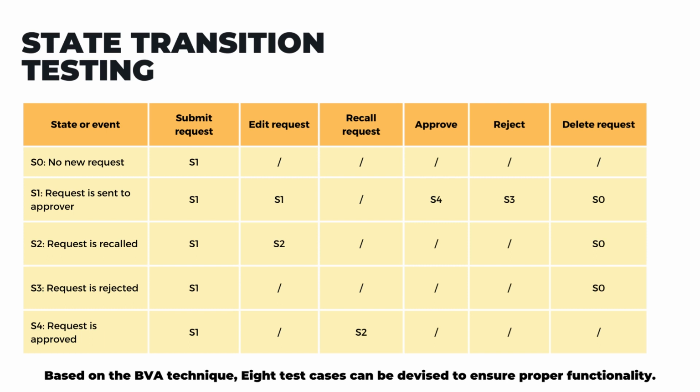For instance, at state 0, we try to edit the request. That won't do because no request has been submitted yet, let alone edited. For the other cases, we could have similar explanations. In the end, we have 8 valid tests and 16 invalid tests.